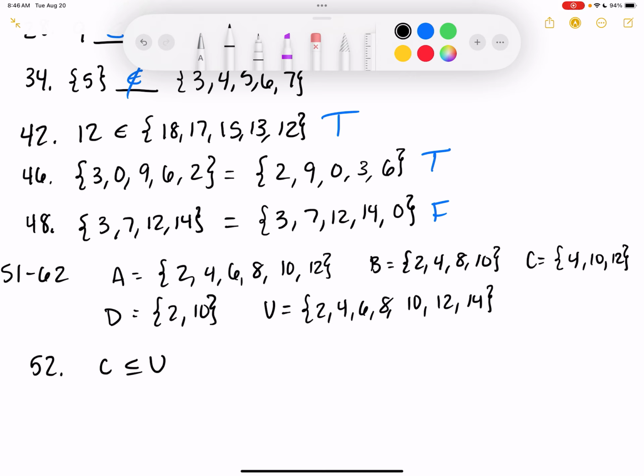It's a sideways C with a line under it, and that means that every element in whatever's on the left also is in the set on the right. So in this case, would C be a subset of U? Is everything that's in C also in U? Yes. So this one would be true.